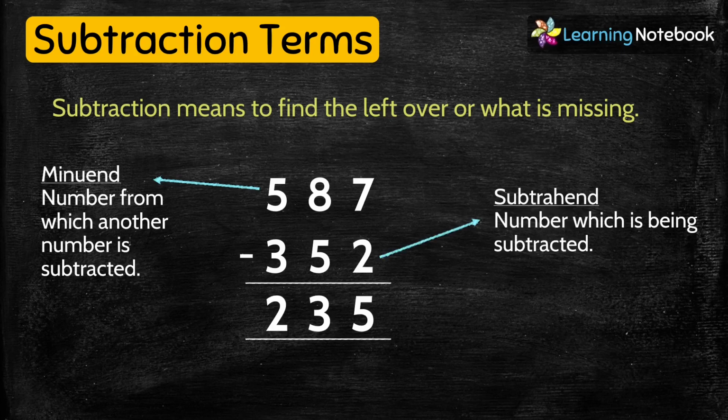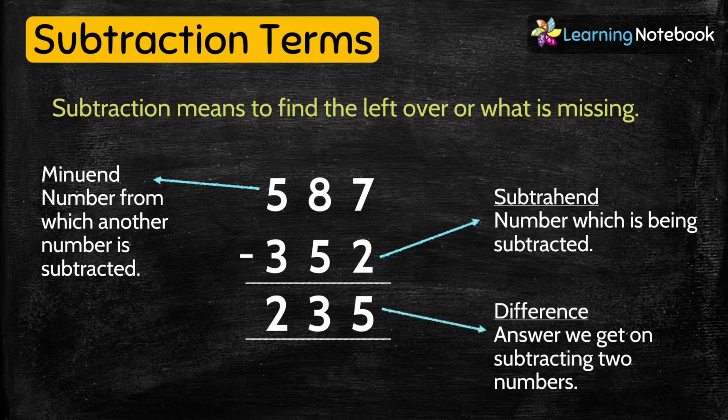So here 352 is subtrahend. And students, the answer that we get on subtracting the two numbers is called the difference. So here 235 is the difference.